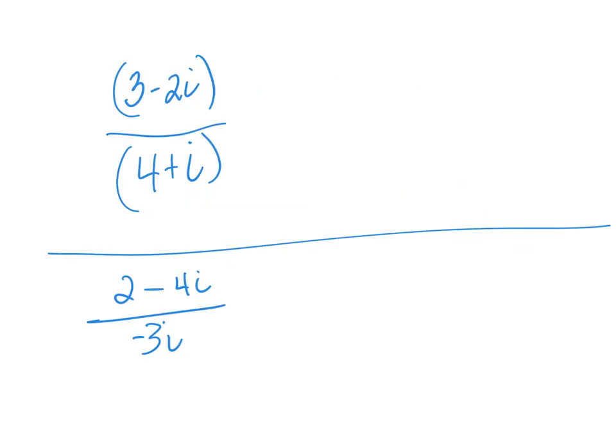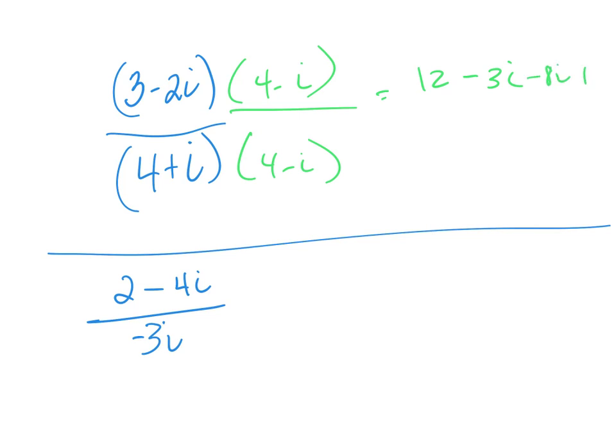So on this top one, we multiply by the conjugate, which is 4 minus i. Whatever we do downstairs, we have to do upstairs. And then upstairs, it ends up being 12 minus 3i minus 8i plus 2i squared. The 2i squared turns into a negative 2.